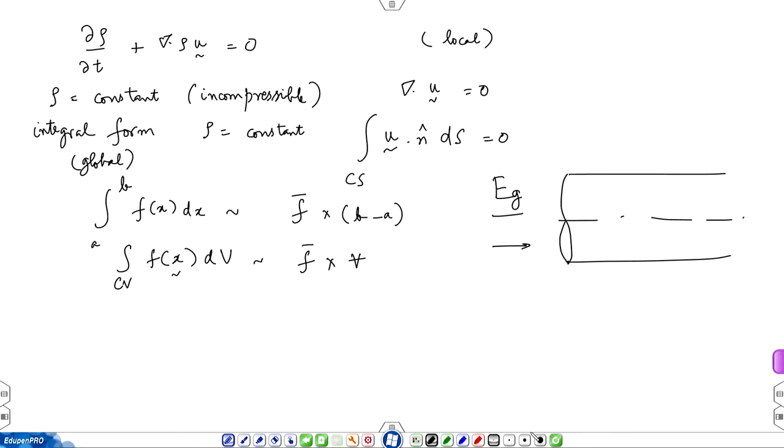Now, should the control volume touch the walls of the tube? We will see that if you choose the control volume that way, it helps in the evaluation of the integral. So, the control volume is inside the tube. So, now I show the control volume separately.